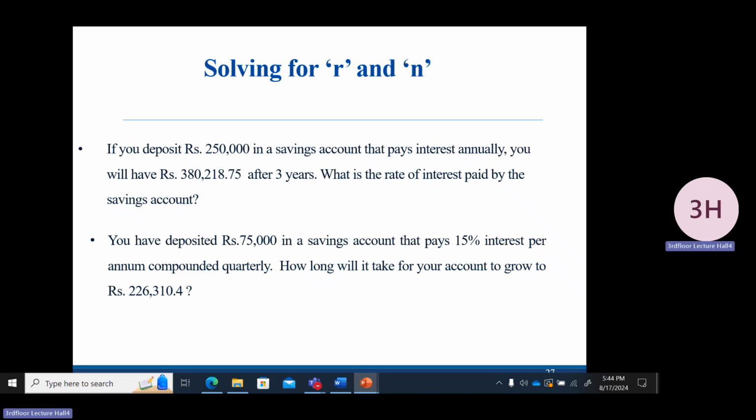This is an application of the present value and future value formula of a single cash flow.